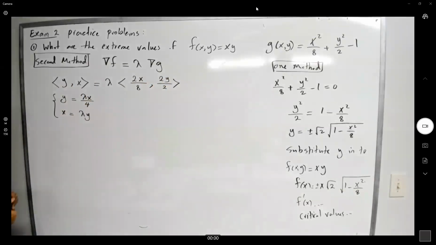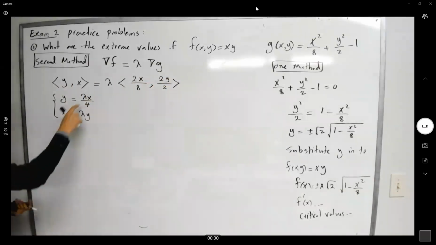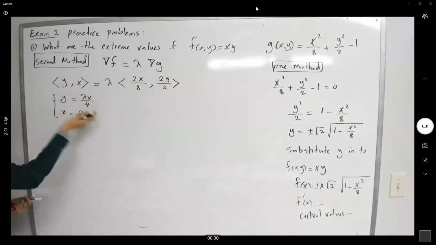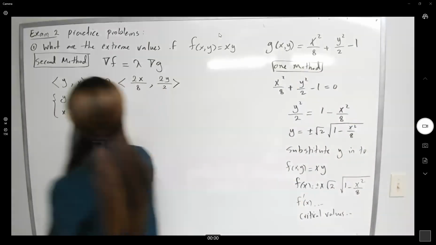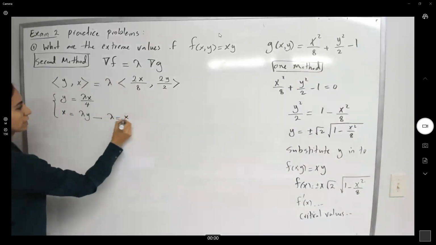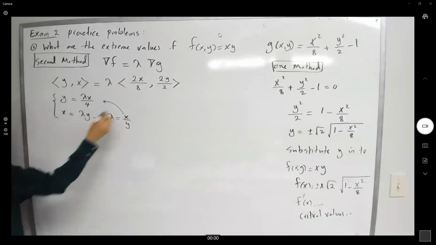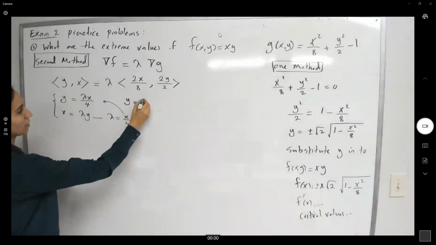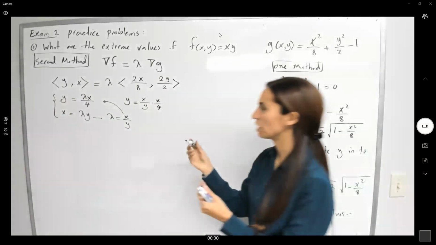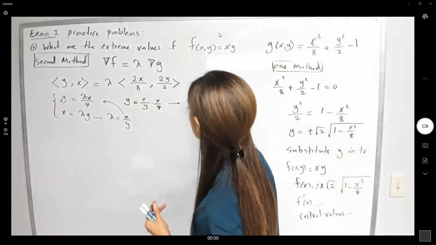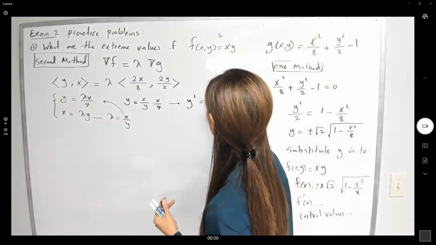Very well. What can we do? We can isolate lambda on one side and substitute into the second equation, or do the division, any method that works for you. Lambda is equal to x divided by y. Substituting, y equals x divided by y times x divided by 4, so the relation between x and y is y squared equals x squared divided by 4.